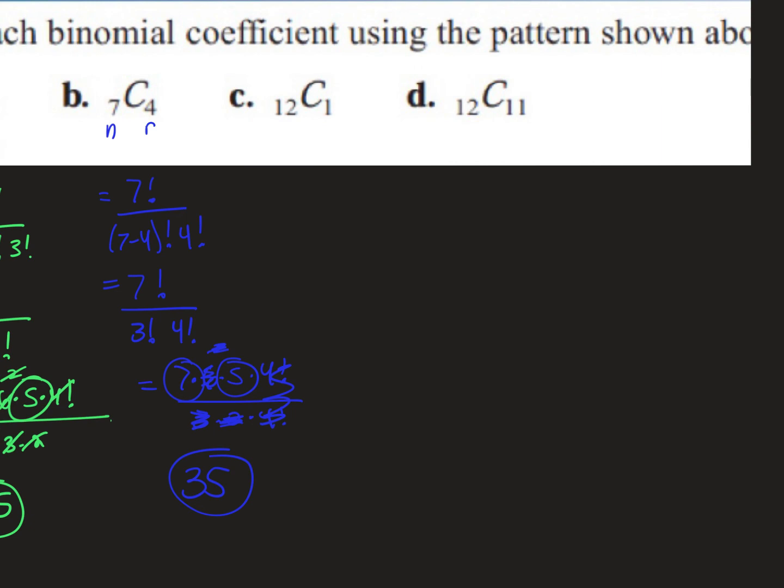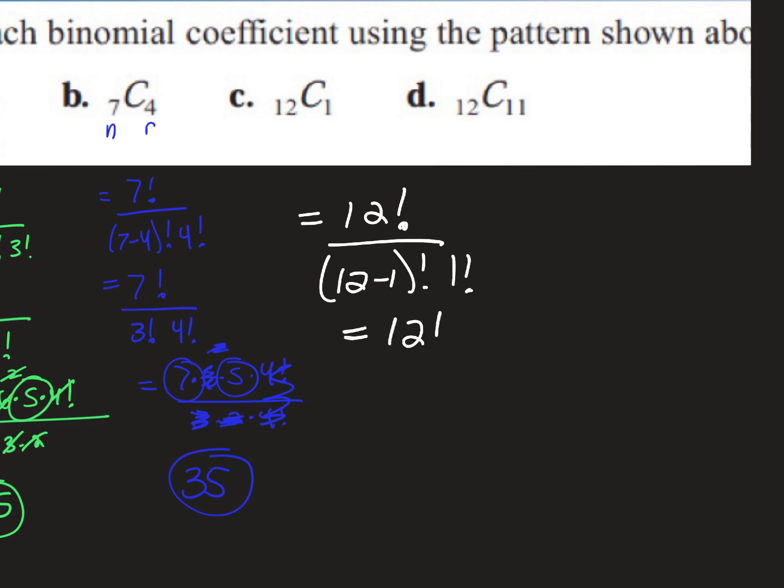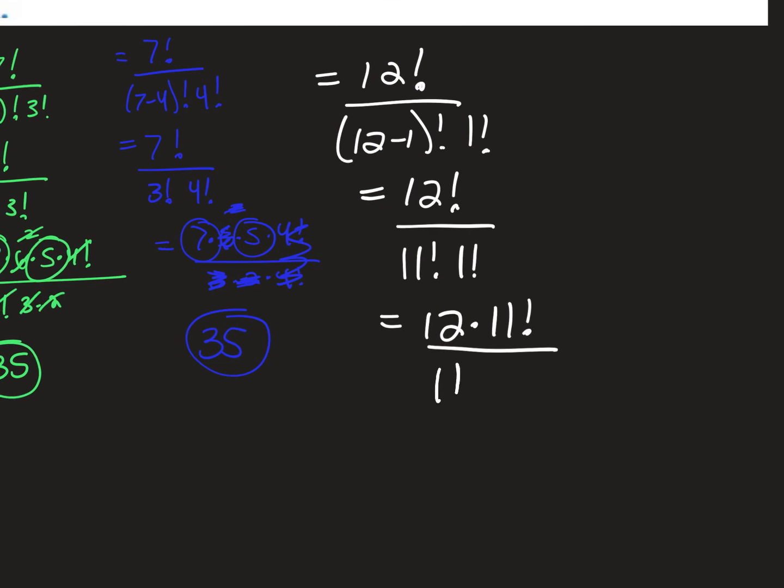For C, again, same thing. My n is 12 and my r is 1, so I have 12 factorial over 12 minus 1 factorial times 1 factorial. So we have 12 factorial over 11 factorial 1 factorial. I have 12 times 11 factorial. I can stop right there because I have an 11 factorial on the bottom. And then 1 factorial is just 1, so these cross out, and my answer is just 12.